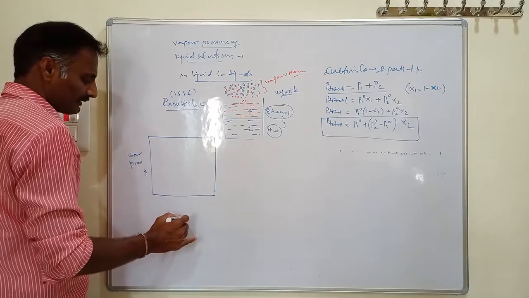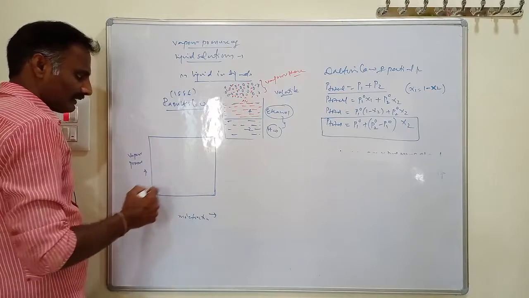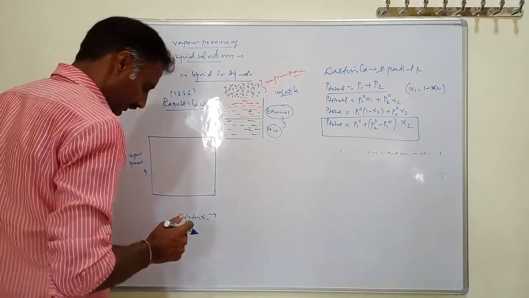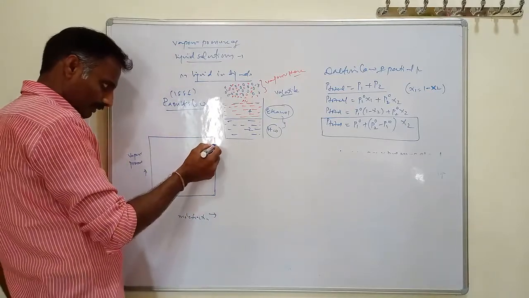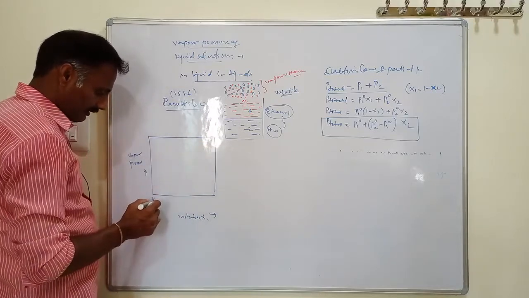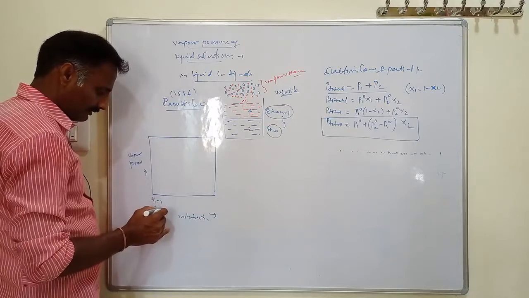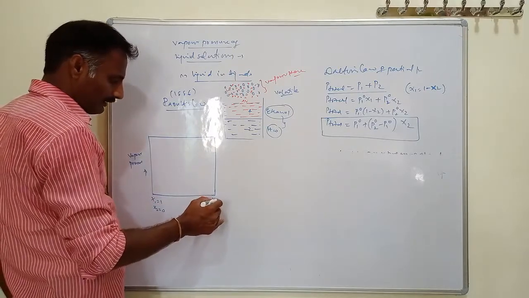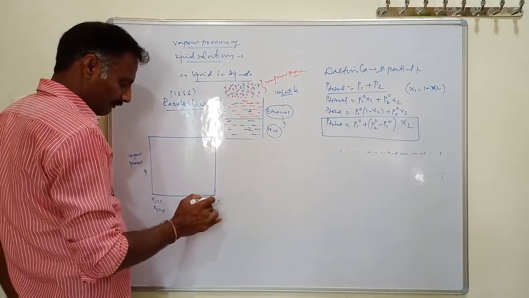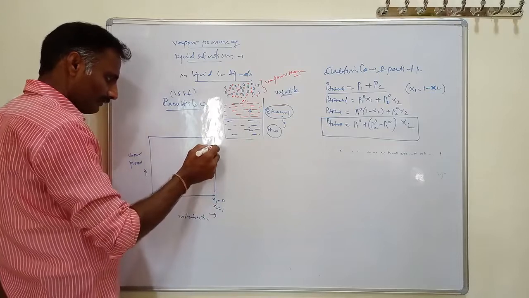This is the mole fraction axis, and this is the partial pressure axis. Then we get a graph like this. Here x1 equals 1, x2 equals 0, and here x1 equals 0 but x2 equals 1. Then we will get it like this.